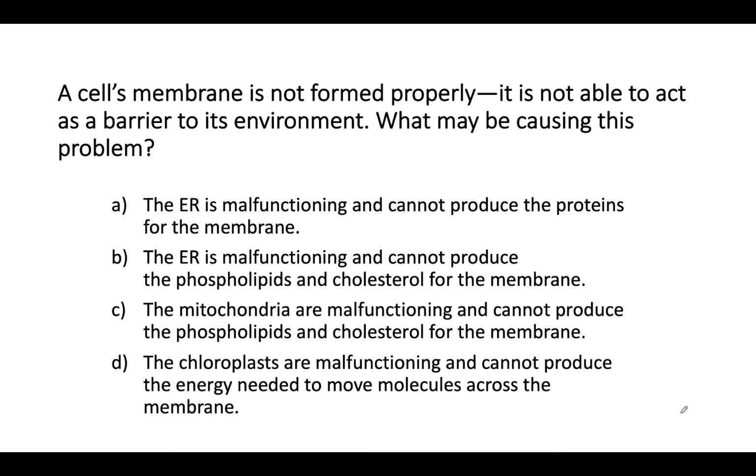So the answer is endoplasmic reticulum is malfunctioning and cannot produce the phospholipid and cholesterol for the membrane. Cholesterol is one component of a membrane. Therefore, the lack of cholesterol means the membrane cannot be properly formed. Also, ER produces phospholipid, especially SER, and of course RER, they produce phospholipid.